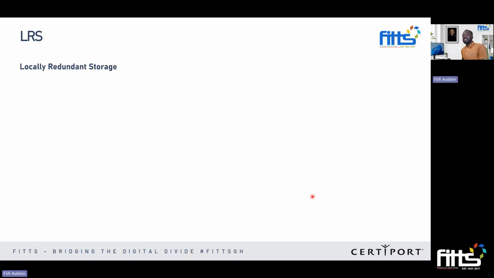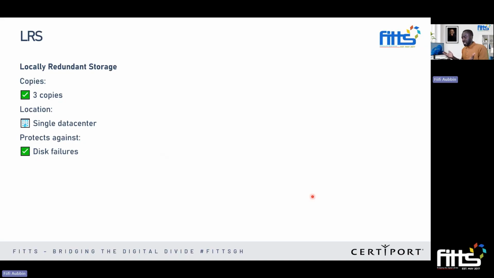So LRS means locally redundant storage, and it keeps 3 copies, and the location is a single data center. I want you to think of it as your single room where you are keeping all 3 copies of your data. Does that protect against these failures? Yes, because you've got maybe 3 different external hard drives you are storing your data on.